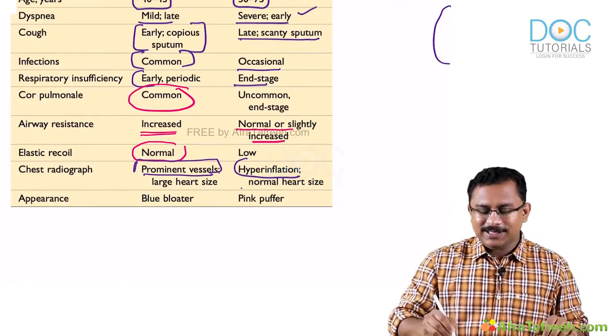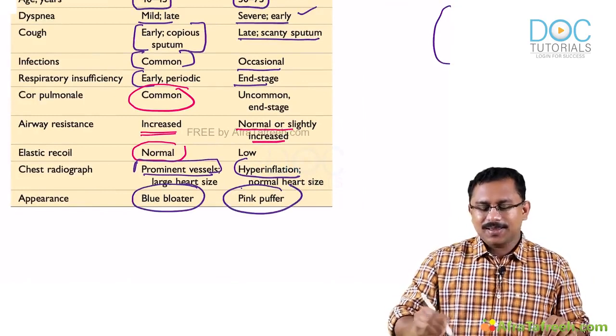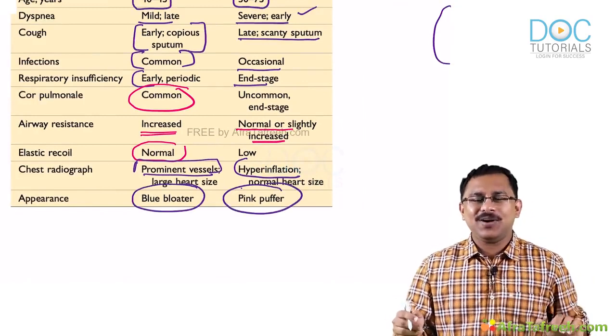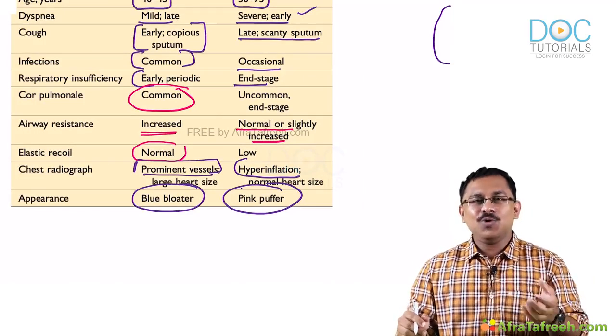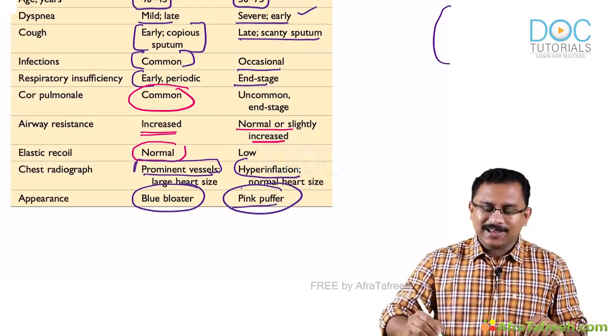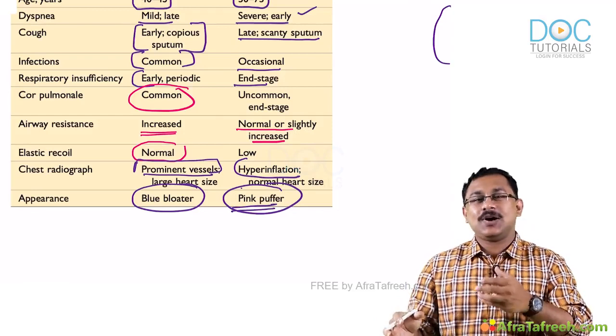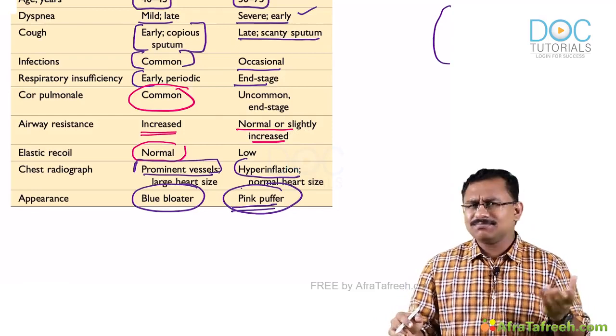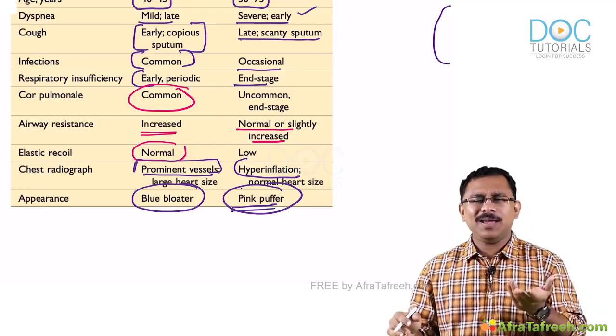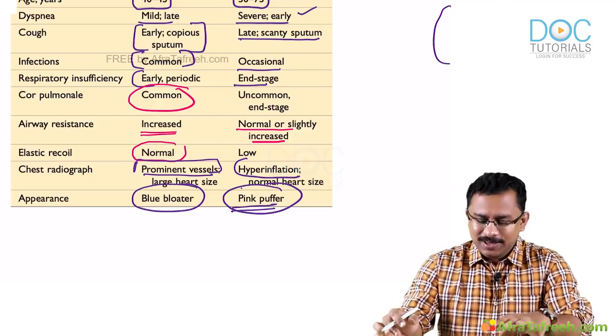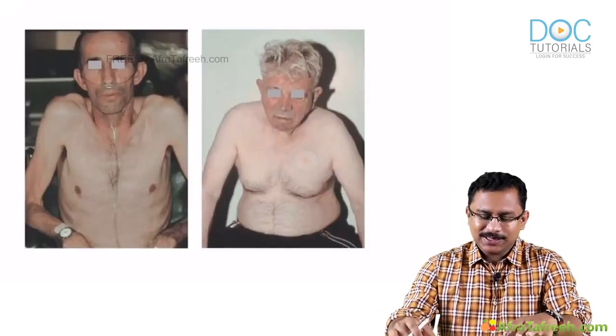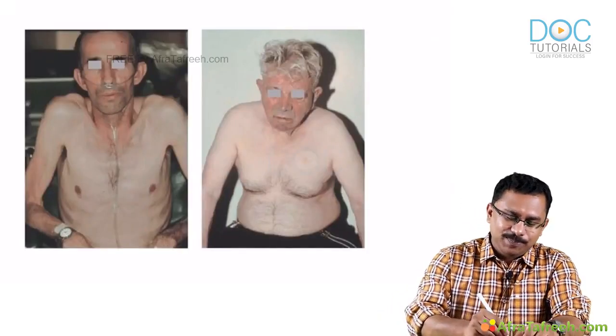And again, this is something I would like to discuss. A patient with a chronic bronchitis is called a blue bloater, whereas one with emphysema is called a pink puffer. What is this blue bloater, pink puffer? Let's see that. I'll just show you a picture. See, this is somebody who is a pink puffer.